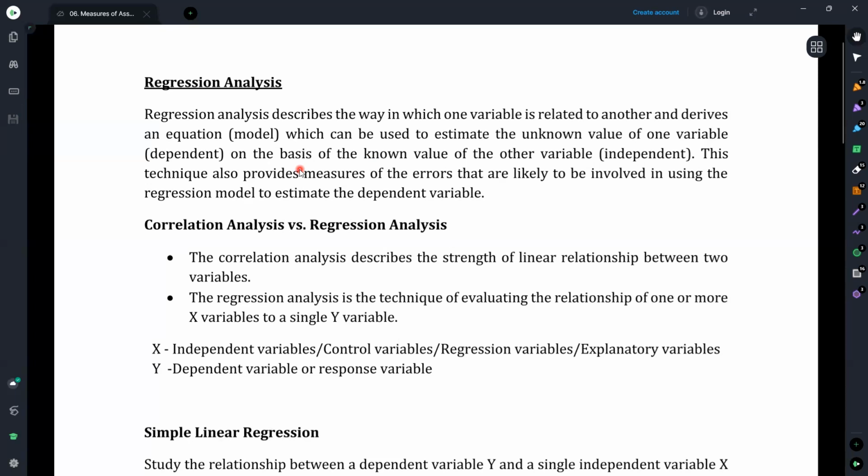If you obtain a value, it will not be the exact observed value; it will be an estimated value. Since it is an estimated value, it will account for some error. Therefore, using regression analysis, we can find such errors for the estimations.